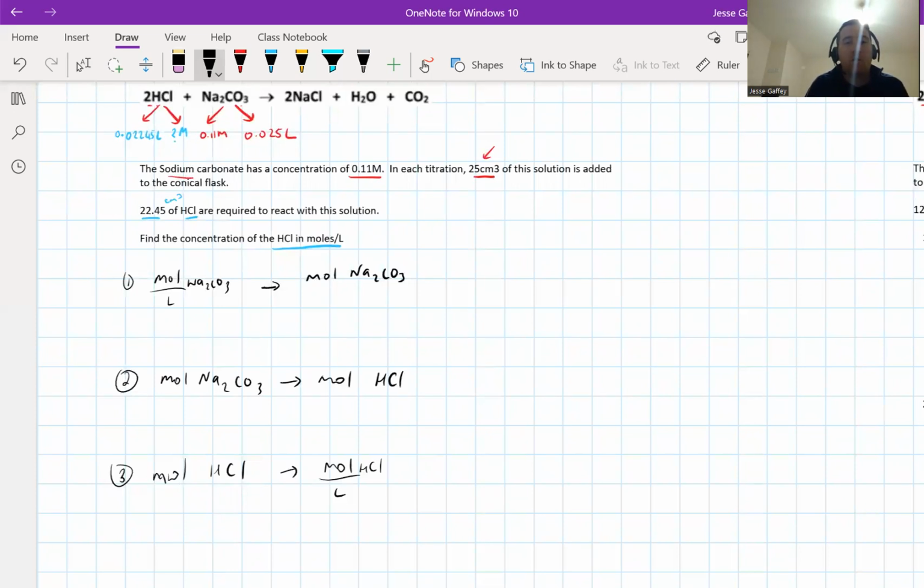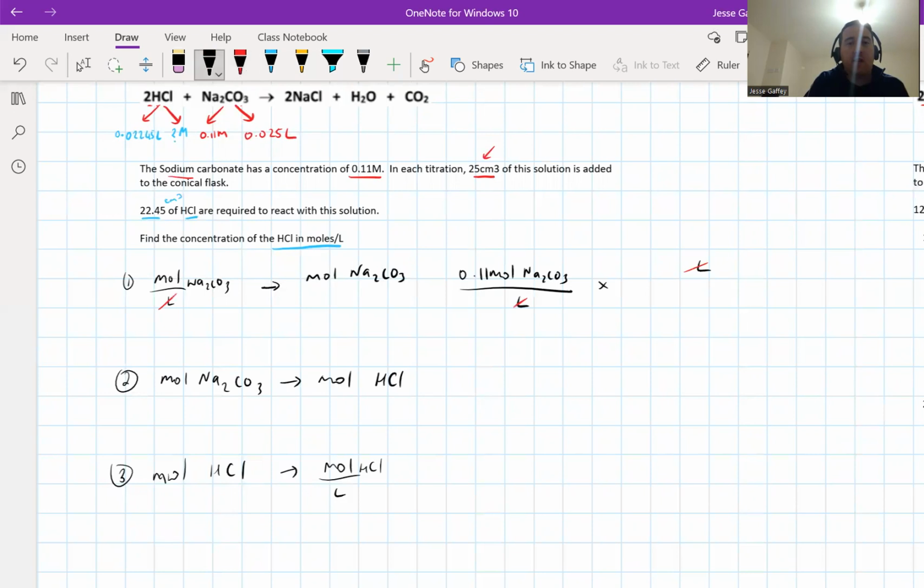Okay, so we're starting with moles per liter of Na2CO3, which was 0.11 moles Na2CO3 per liter. And we want to go to moles of Na2CO3, which of course means we need to cancel our liters. So we're going to times it, liters by liters. Okay, so we'll cancel that.